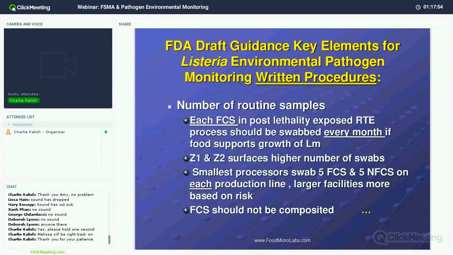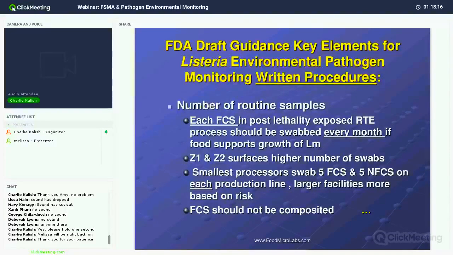And if you're unsure if your food supports Listeria monocytogenes, you can find in the appendices in your FSPCA manual if you have one, or you can go to the Fish and Fishery HACCP guidance, and in their appendices they also have growth conditions for Listeria. There are lots of resources you could also find online.